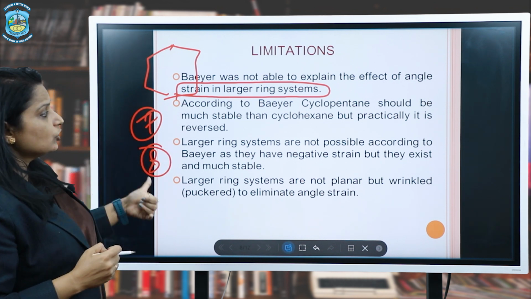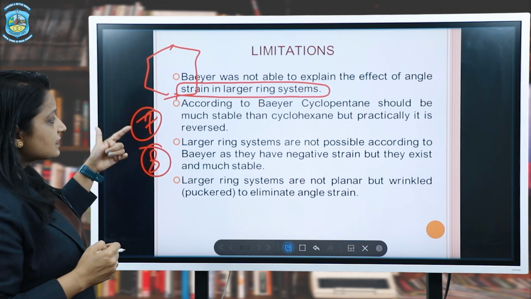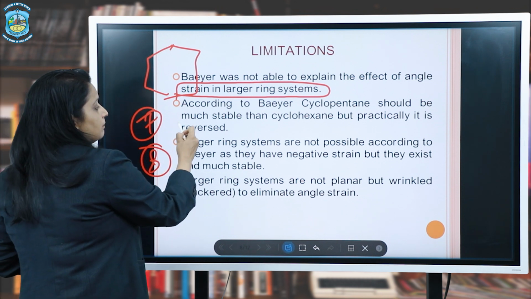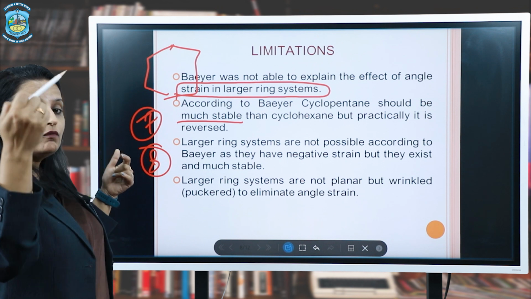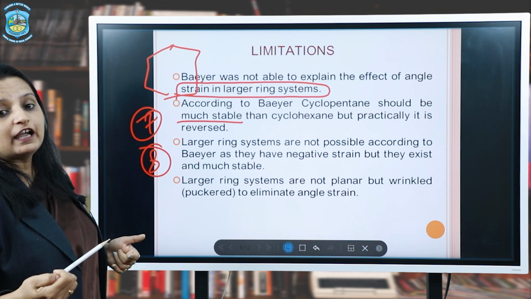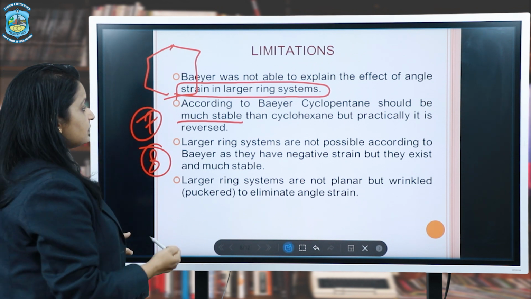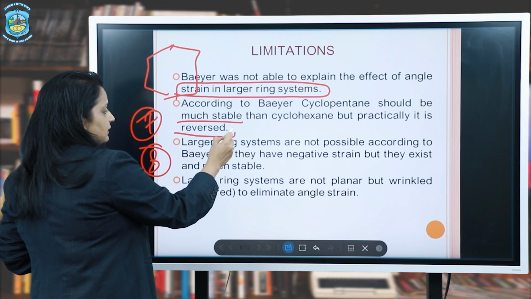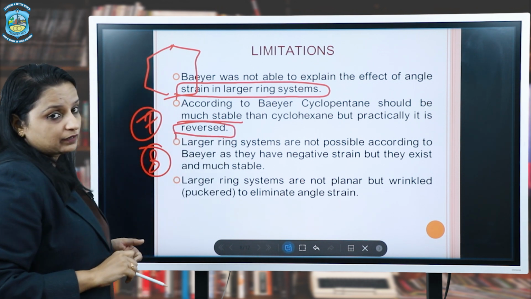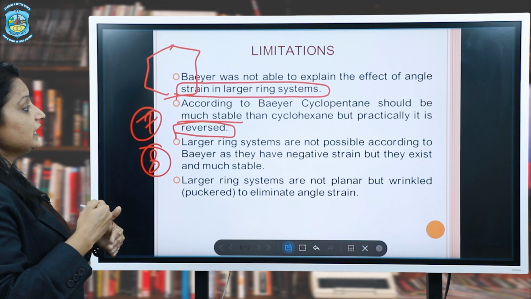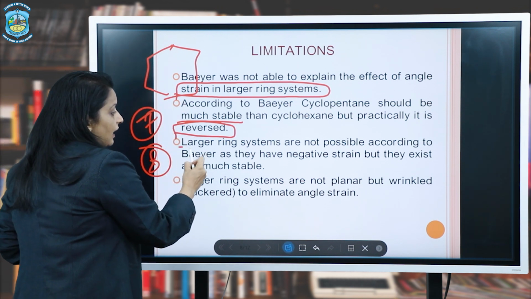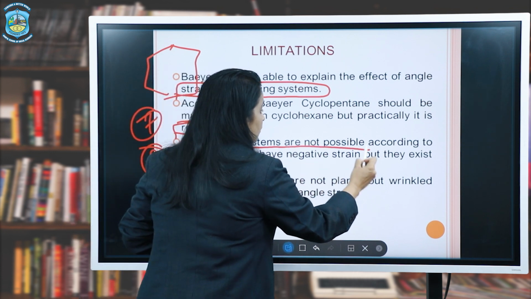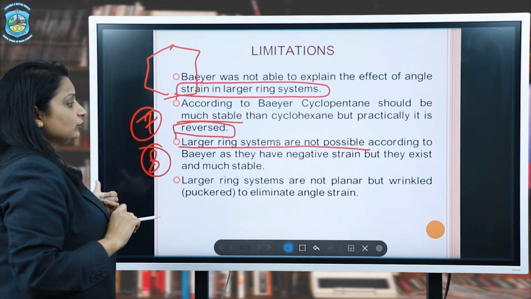According to Baeyer, cyclopentane should be much more stable than cyclohexane because there was less angle strain. But practically you will see that it is not so. That means the condition is reverse. So the limitation was that larger ring systems are not possible according to Baeyer.